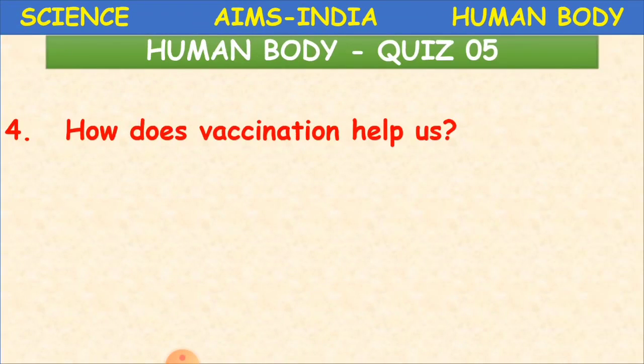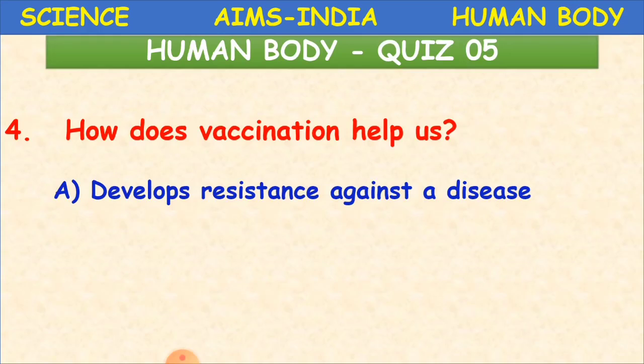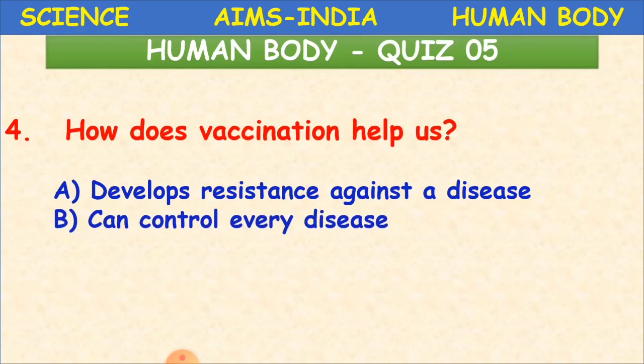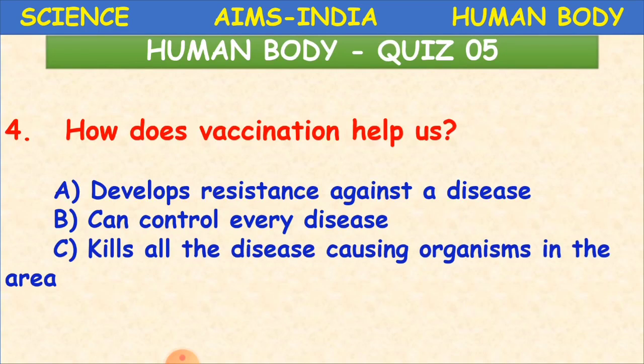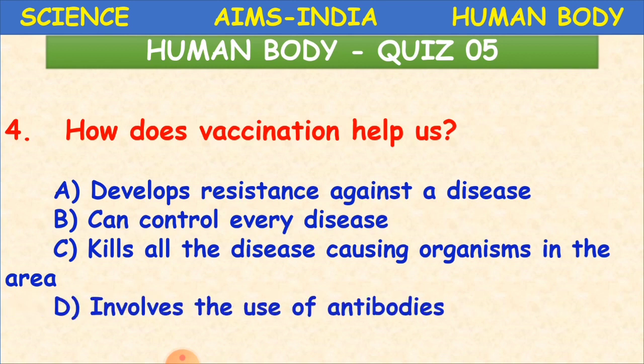Now, fourth question, how does vaccination help us? Develops resistance against a disease, can control every disease, kills all the disease causing organisms in the area, involves the use of antibiotics. Why do we need vaccination?